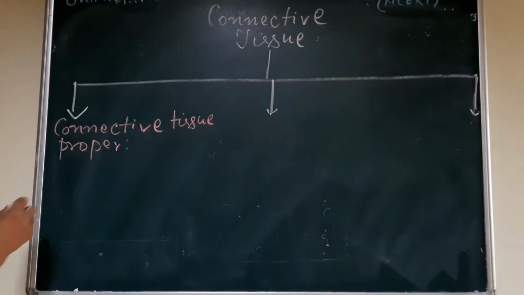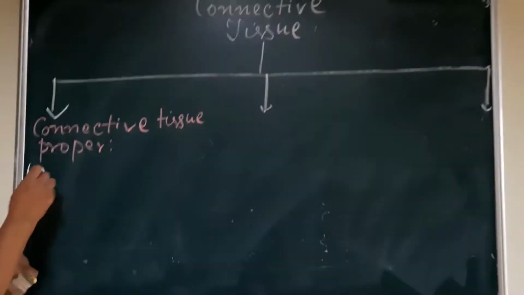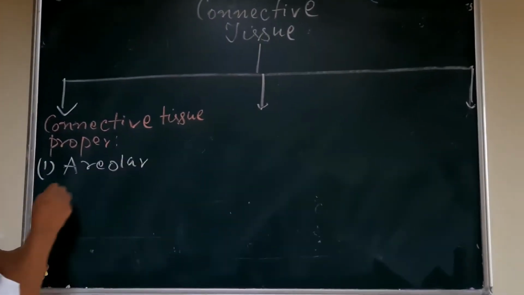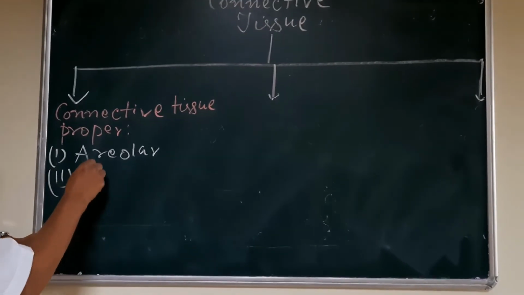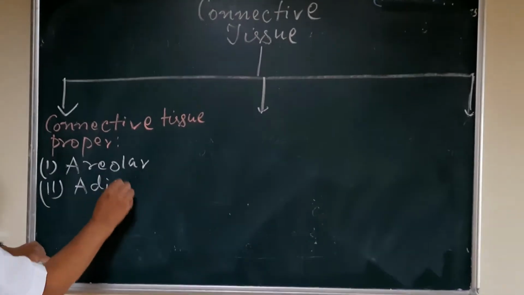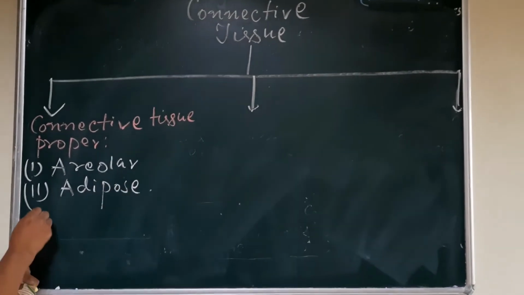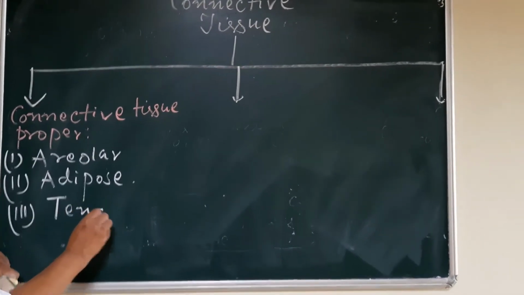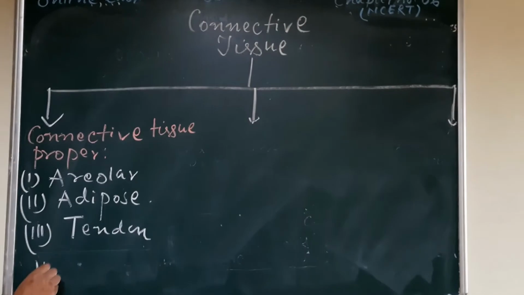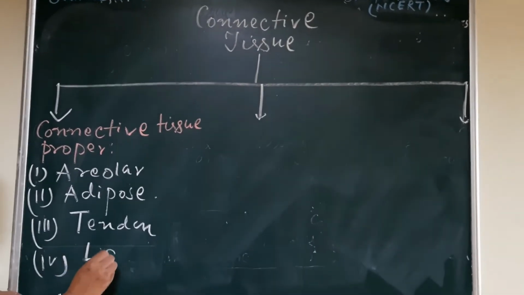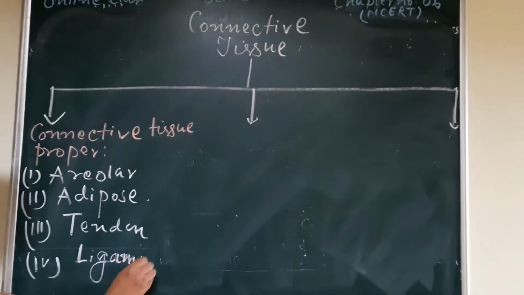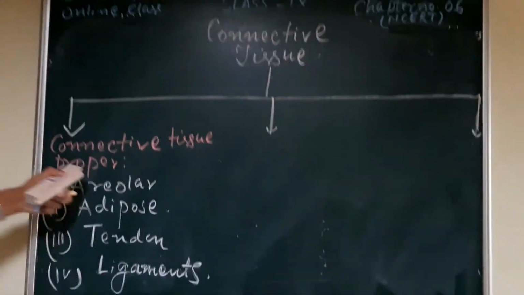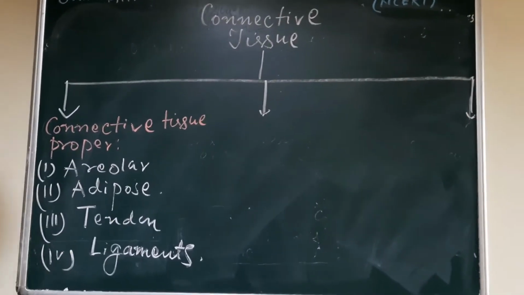Here in this category we will study, in brief, areolar, number 2 adipose, number 3 tendon, and number 4 ligaments. So under this there are 4 different types of connective tissue.